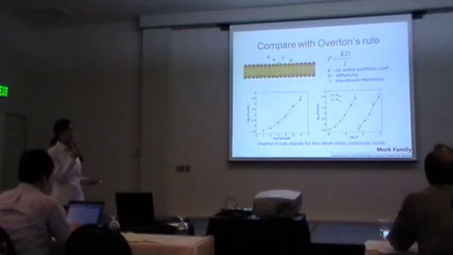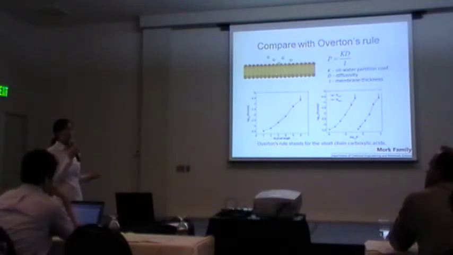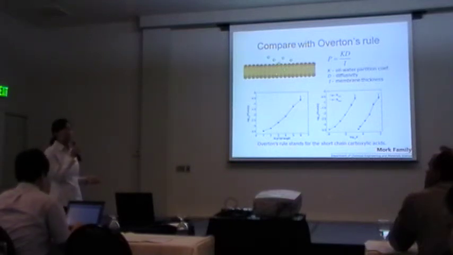So this means that in this kind of small molecule membrane transport, the oil-water partition coefficient is still the most important factor that dominates the permeation process. And here, Overton's rule still stands for these short-chain carboxylic acids.